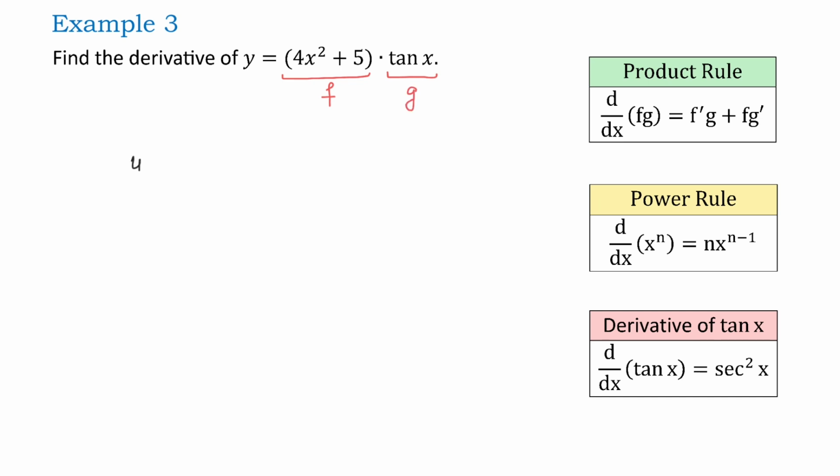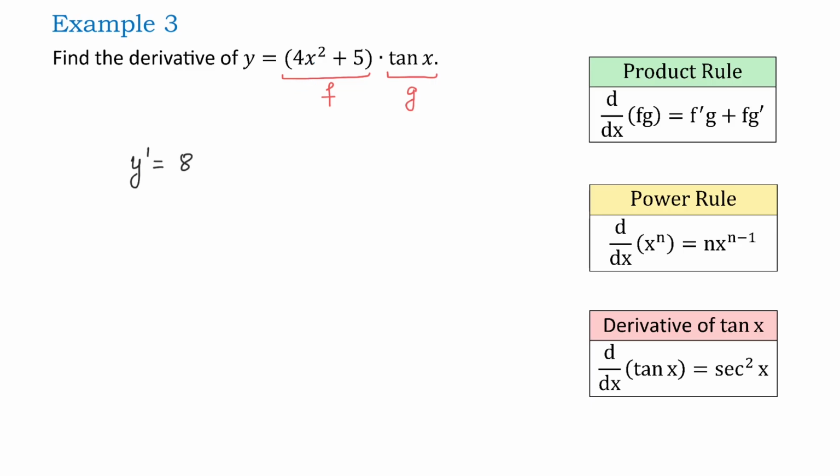Then y prime equals, and now first we need the derivative of f, and the derivative of 4x squared is 8x, and that is because when we move the exponent in front, we multiply it by 4 and we get 8. Then we decrease the exponent by 1.